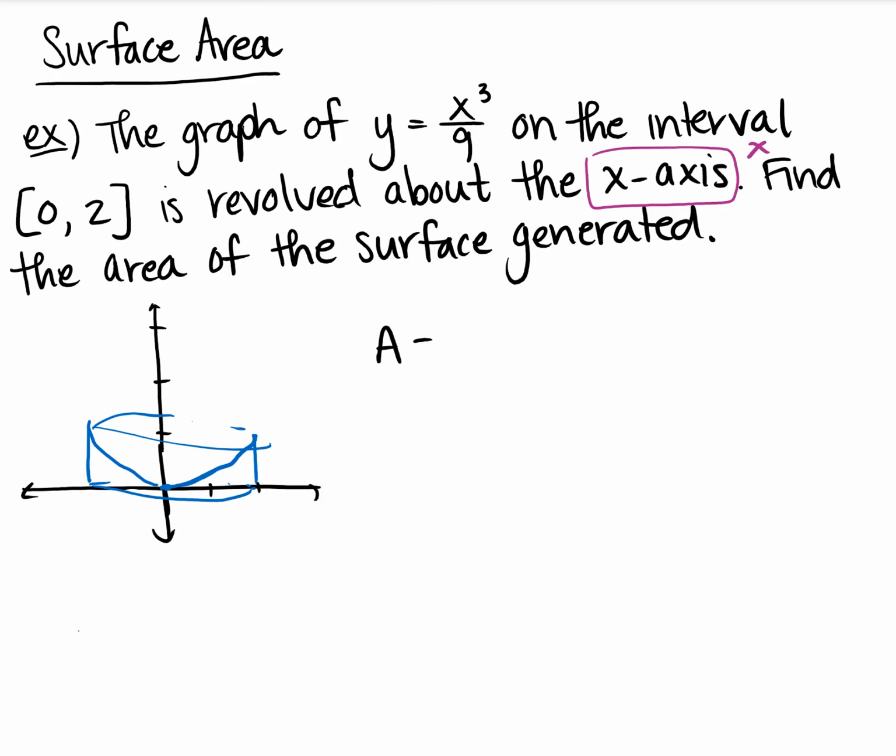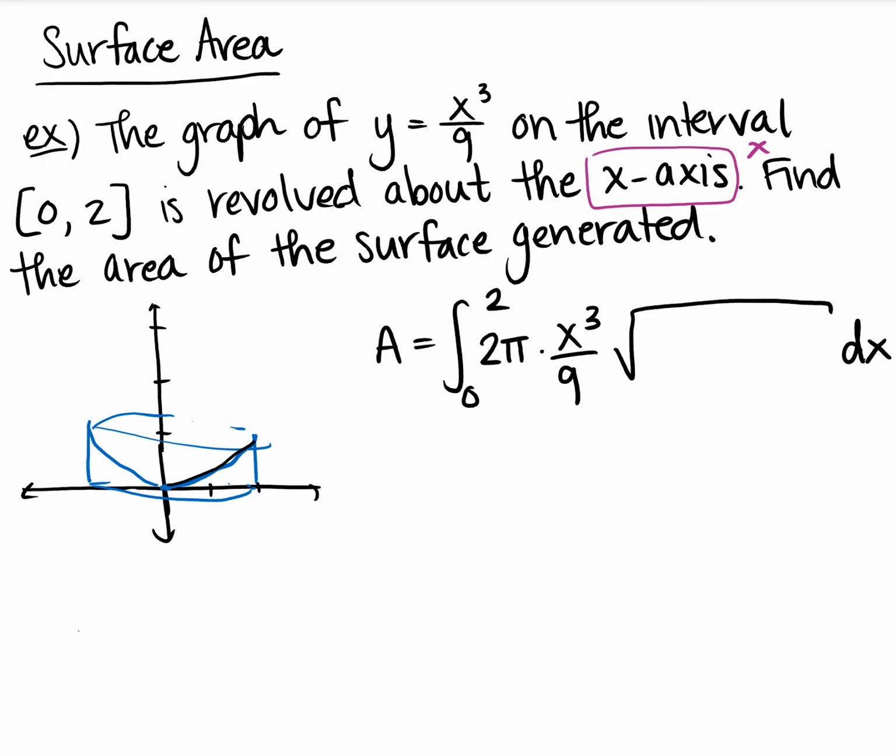My area then is going to be the integral from 0 to 2 of 2 pi times my function, which is x cubed over 9, times the square root of, remember, the arc length of this section, 1 plus the derivative squared. Down here we might have taken the derivative.